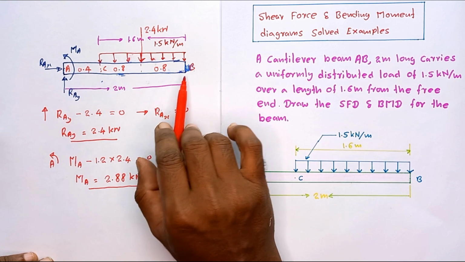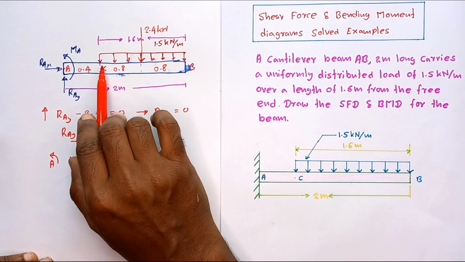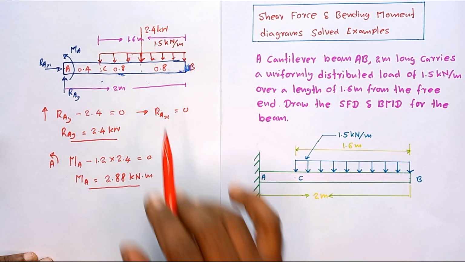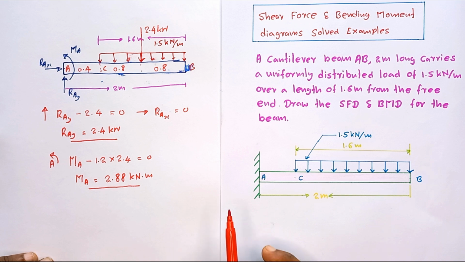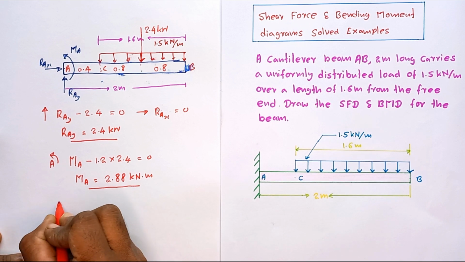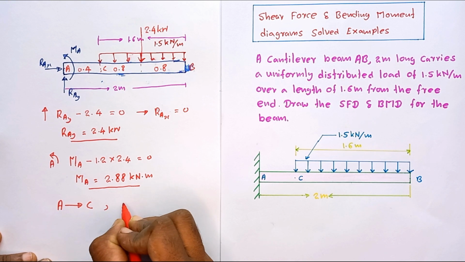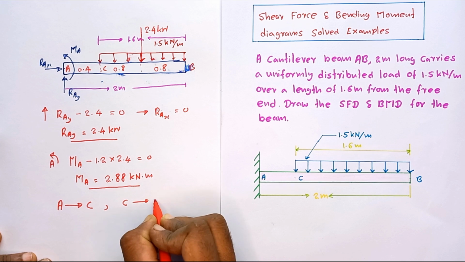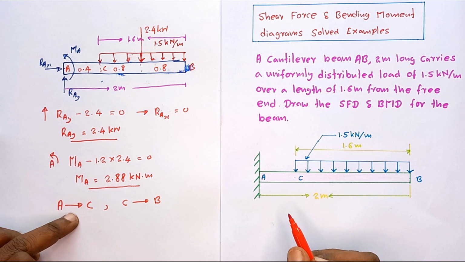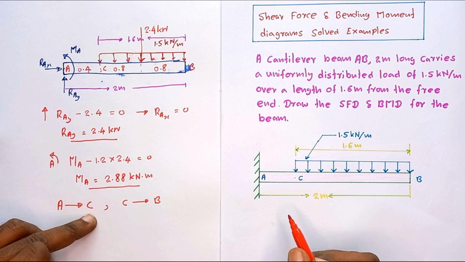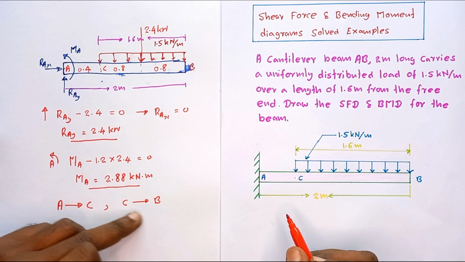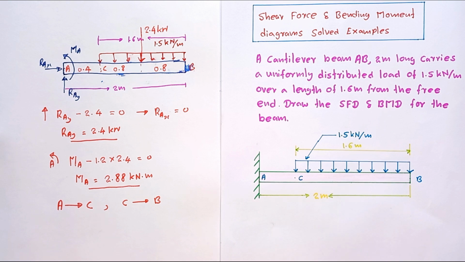If you take the C to B region, the distributed load is continuous from C to B. So I am going to divide this beam into two segments, A to C and C to B. We are going to obtain separate sets of equations for shear force and bending moment for the A to C region and the C to B region. Okay, let's see how to obtain this set of equations.